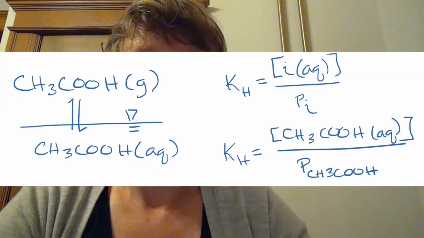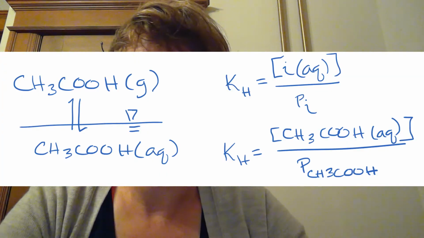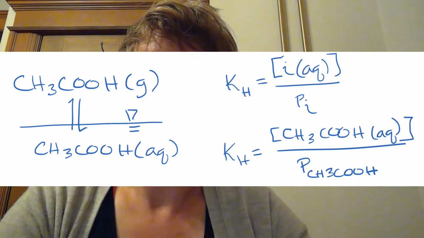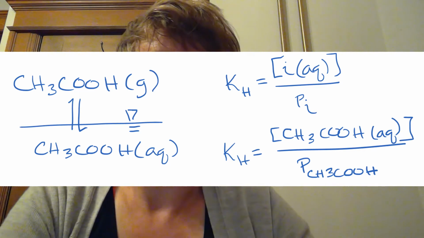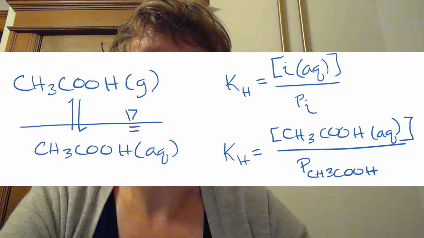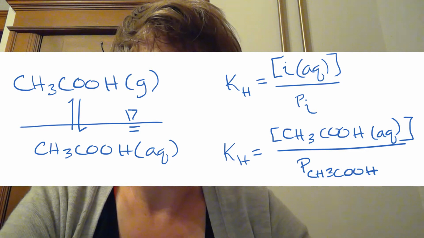So Henry's Law assumes that the vapor and the liquid phase are in chemical equilibrium. Because our bottle of vinegar, I just went and grabbed it out of my kitchen, it's been closed for some time, that's a good assumption. So here I have a diagram of acetic acid, CH3COOH, in the water, or aqueous phase.